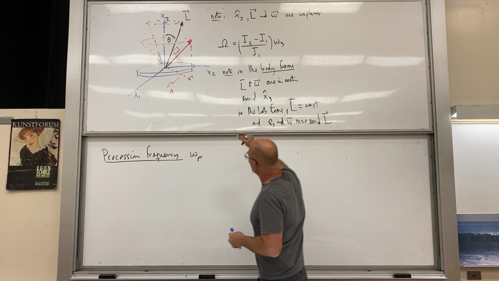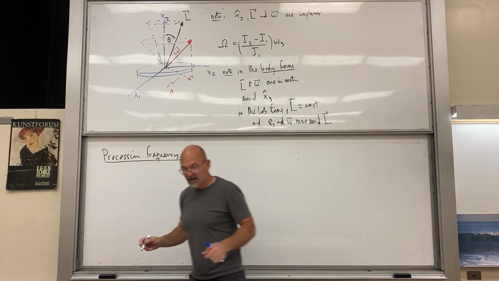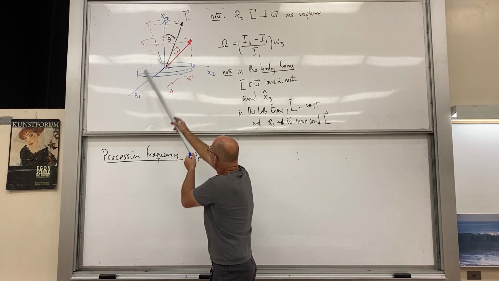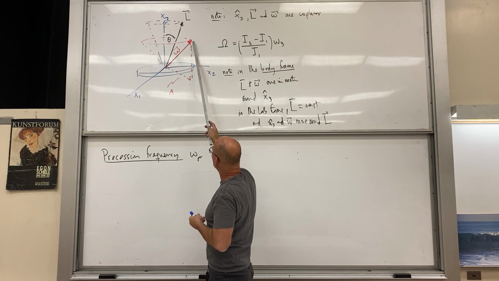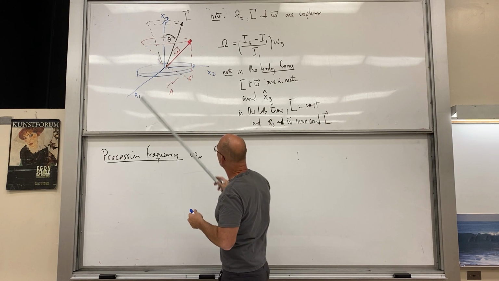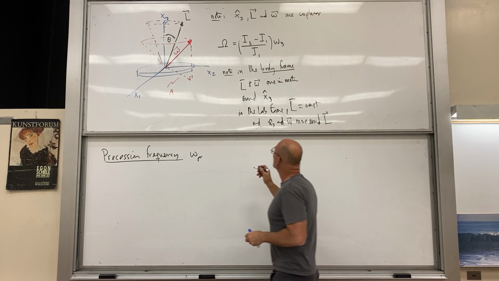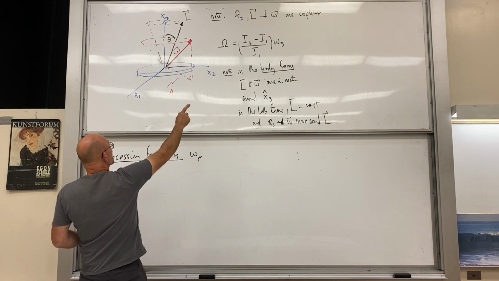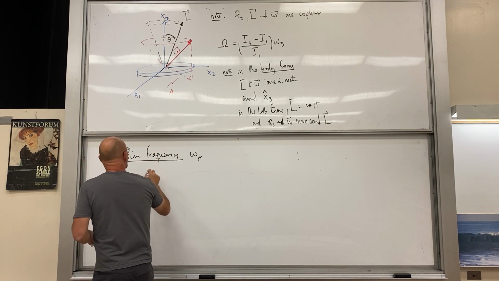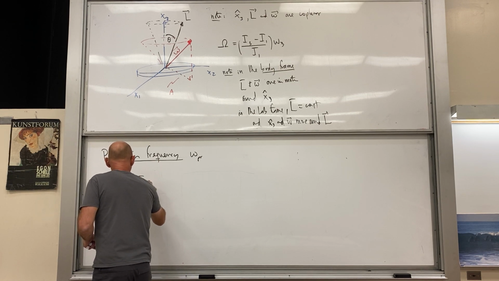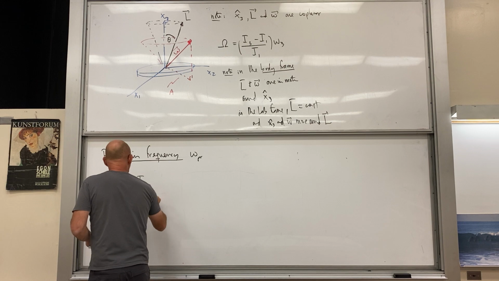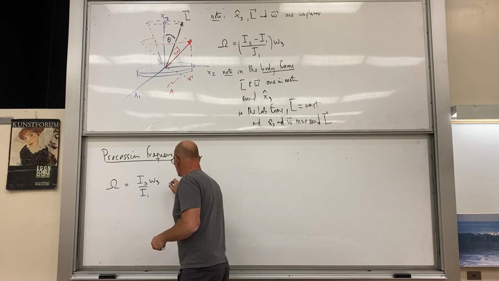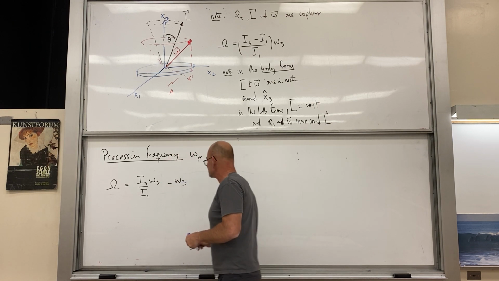So we'll start with this omega. We know that capital Omega is the frequency with which this projection moves around in a circle. So that's actually the frequency with which these things are going around x3. Okay, so we know the meaning of capital Omega, and what I'm going to do is expand it out, so I have I3 over I1 omega 3, and then I1 over I1 omega 3, so minus omega 3.